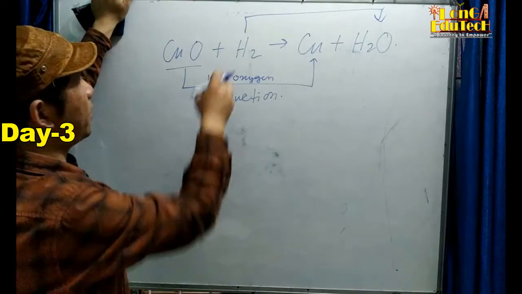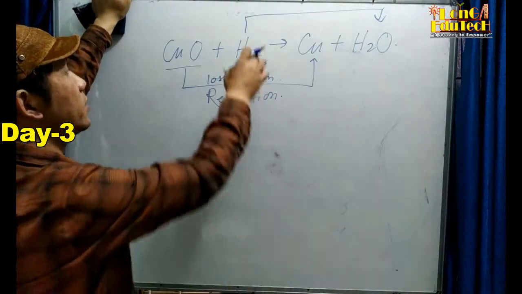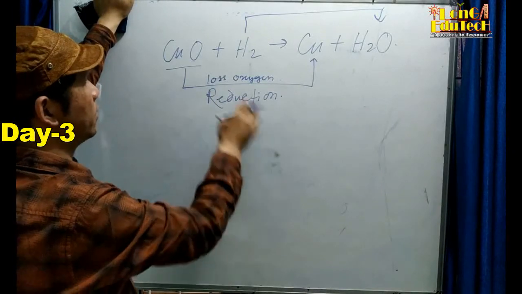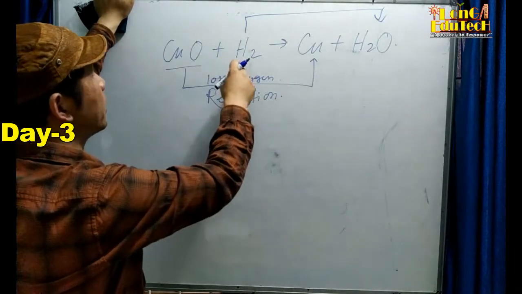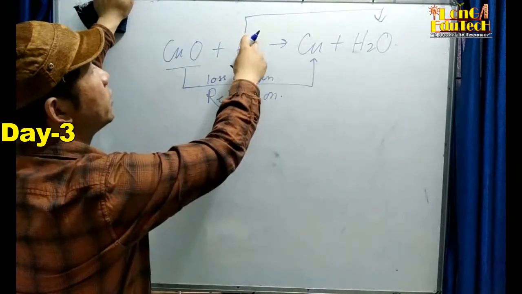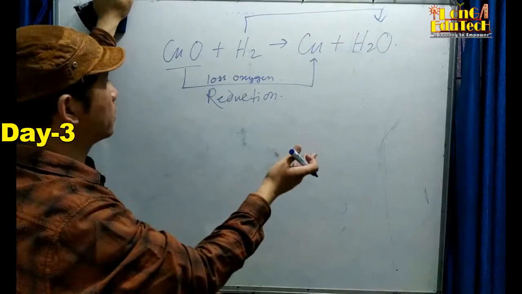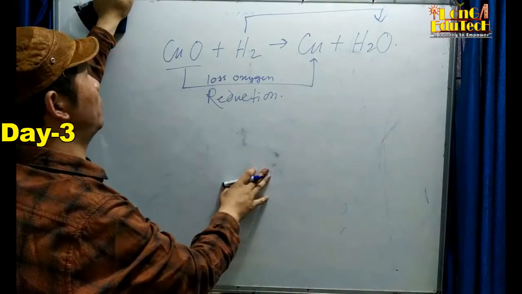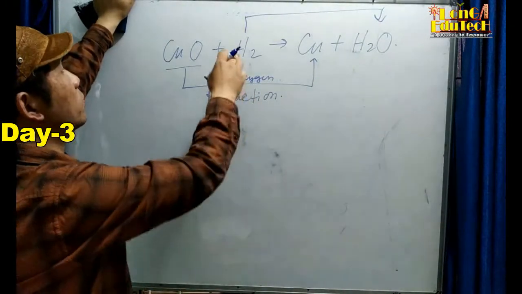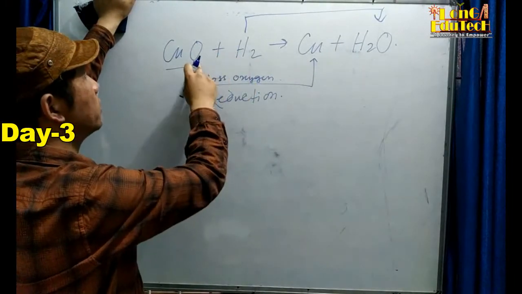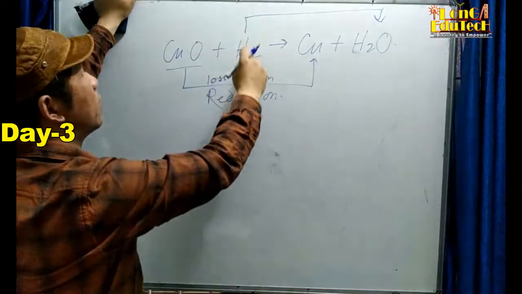And then here hydrogen. This is loss of oxygen, and in this case what happens here? Hydrogen is added to the oxygen, right? Hydrogen is also getting oxygen from here, yes or no? Oxygen is given to the hydrogen, right?